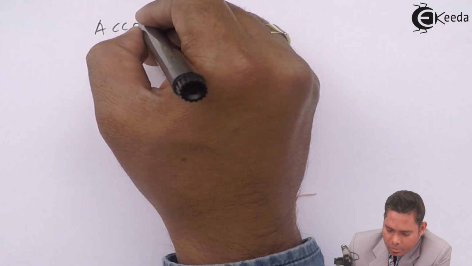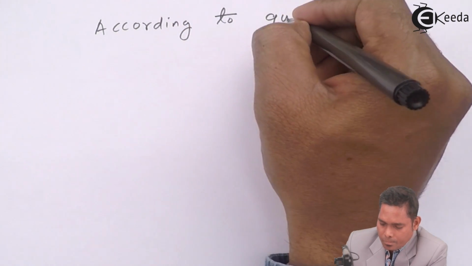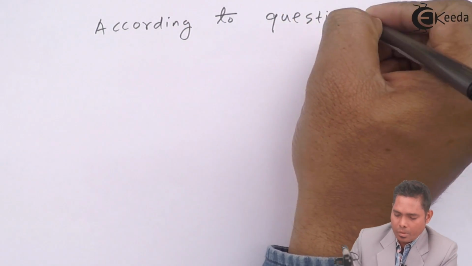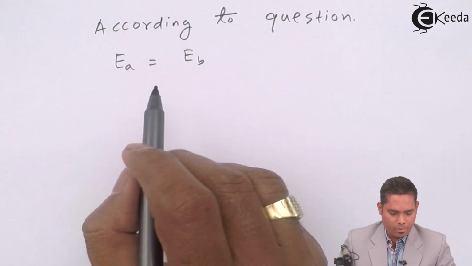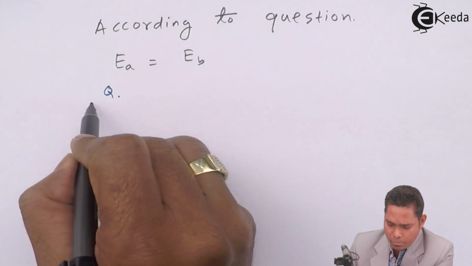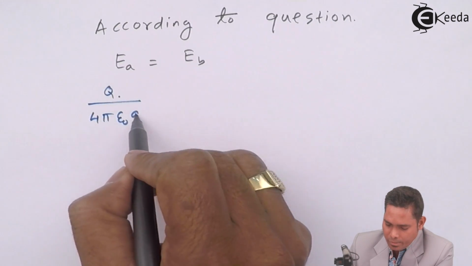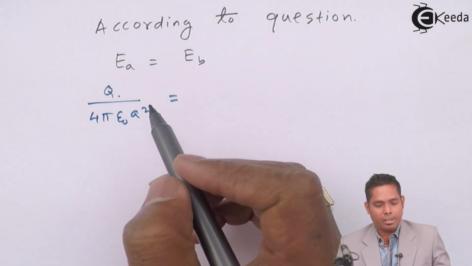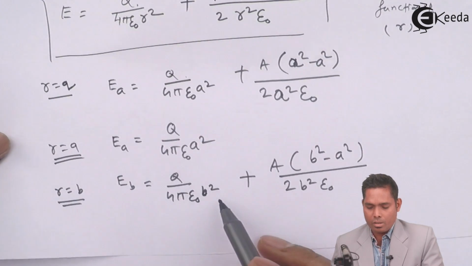According to the question, EA is EB. EA comes out to be q divided by 4 pi epsilon naught a square. I'm just rewriting those equations: EA is this and EB is this, and equating them.